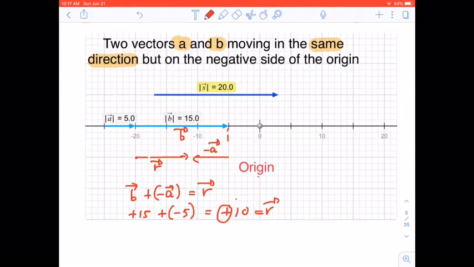When the vectors are in the same direction, we add the magnitudes. So the maximum displacement, if we're dealing with displacement, would be 20 and the minimum would be 10.